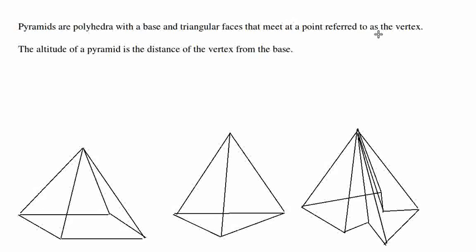Now, a vertex does not have to be centered above the base. And also the base does not have to be a regular polygon. However, if the base is a regular polygon and if the vertex is centered above the base, that's what's called a regular pyramid.